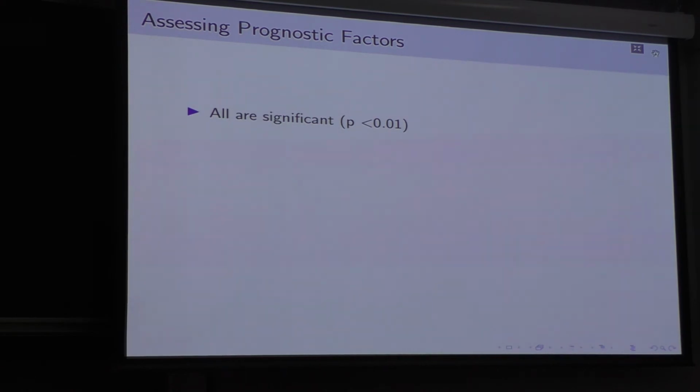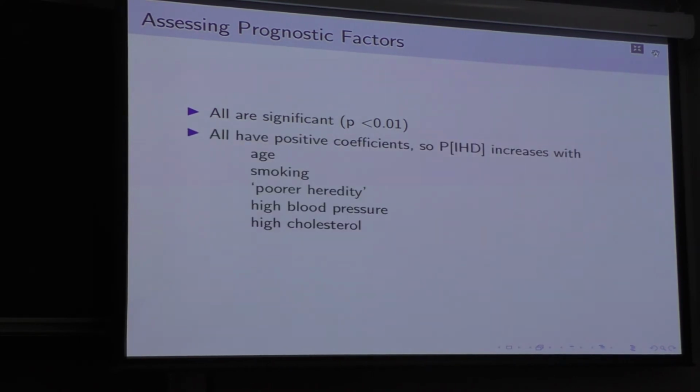We can do similar things with any of the prognostic factors. All of them are significant because they were all positive, so they were all bigger than 2.58. They've all got positive coefficients.